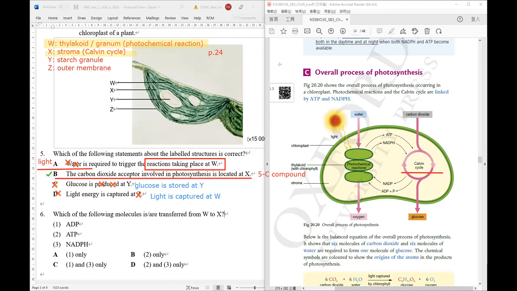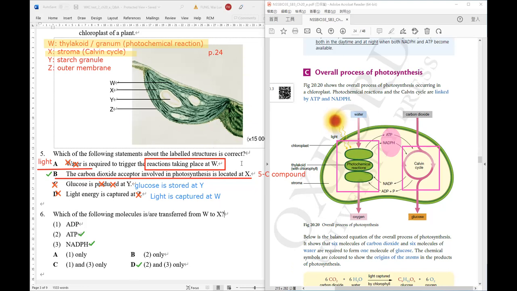That means from this thylakoid to Calvin cycle. What is transported there? Let me draw again. From thylakoid, this stack of thylakoid, we call it granum, to Calvin cycle. We transported something called ATP and NADPH. So the answer is 2, 3. This is D.